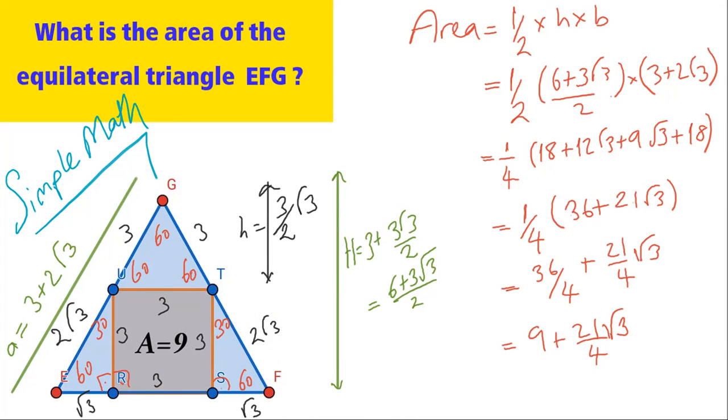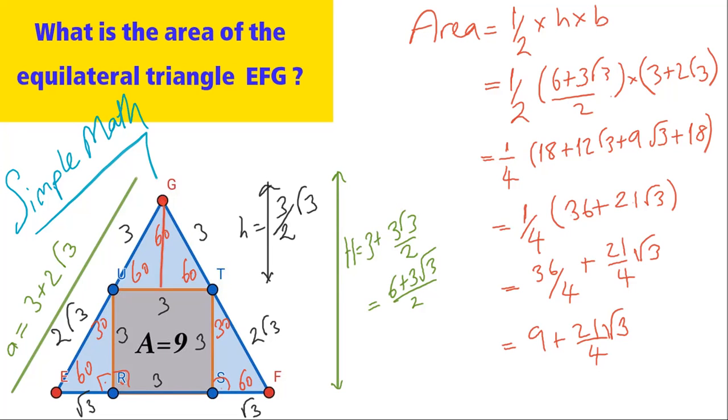If you don't know these relations, you can check on the internet: right triangle with 30, 60, 90 degrees. So in this way, we got all the side lengths. So this equals 3 plus 2 root 3. And the same thing you can see here, 3 plus 1, 2 root 3, and 3 plus 2 root 3.